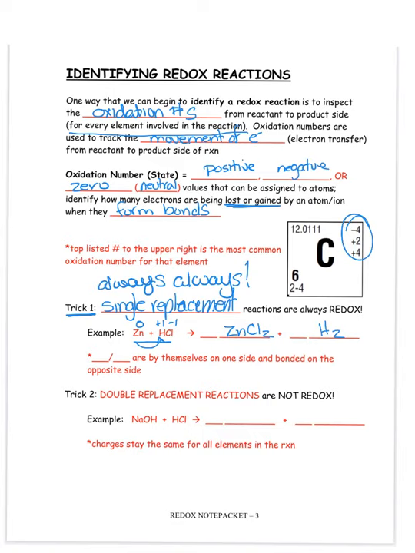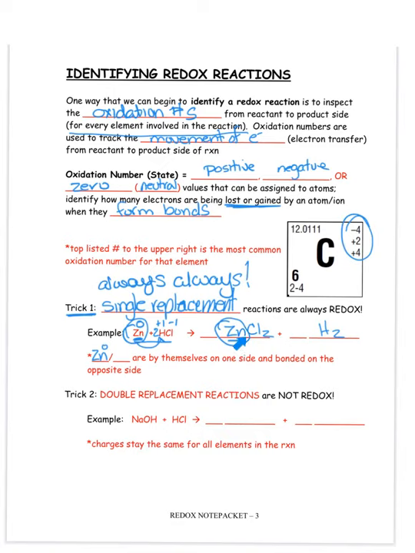And we can go back and balance this too if we wanted to. So the zinc is by itself on one side, but it's not by itself on the other side, it's bonded on the other side. See how it's by itself here, and it's not by itself here? It's with the chlorine on the right side.